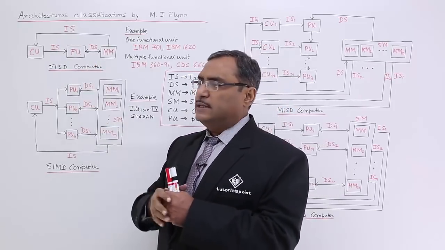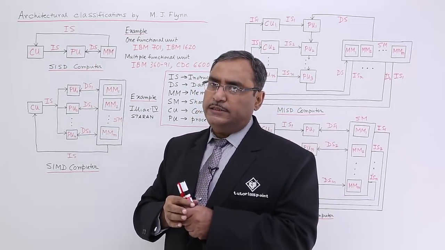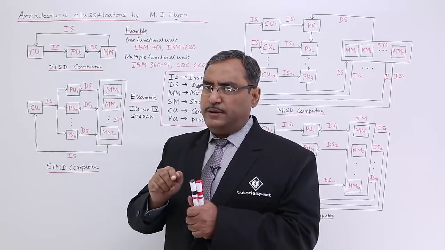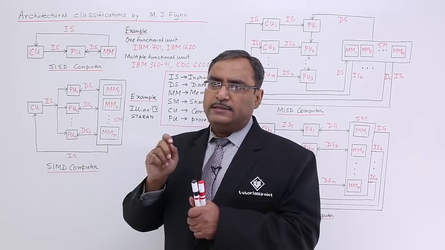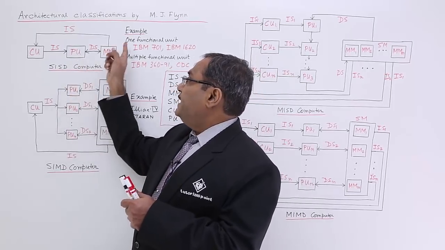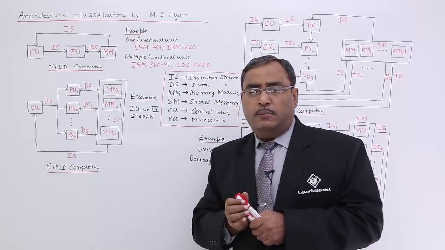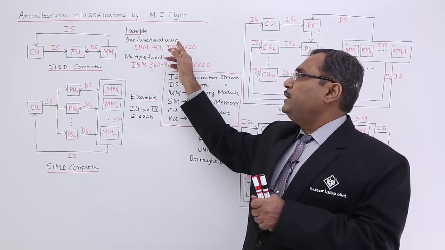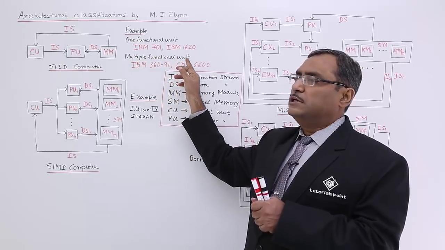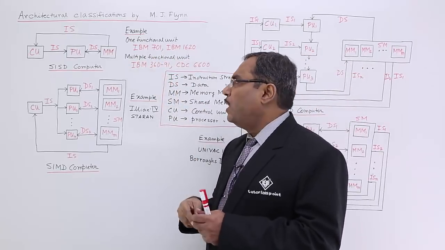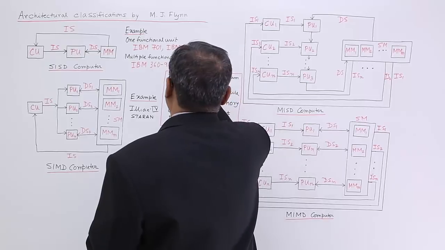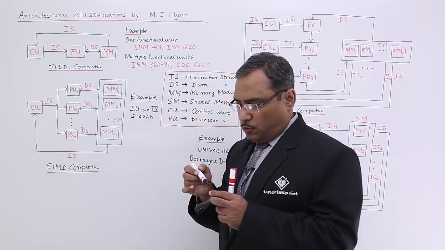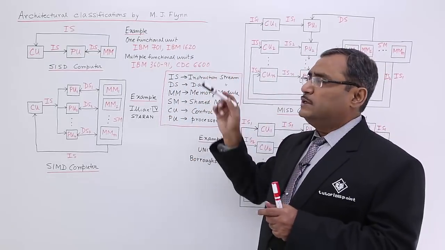So, this is known as the SISD computer architecture: a single instruction stream and a single data stream. Examples for this model were given with one functional unit and with multiple functional units. In case of one functional unit, the architectures are IBM 701 and IBM 1620.